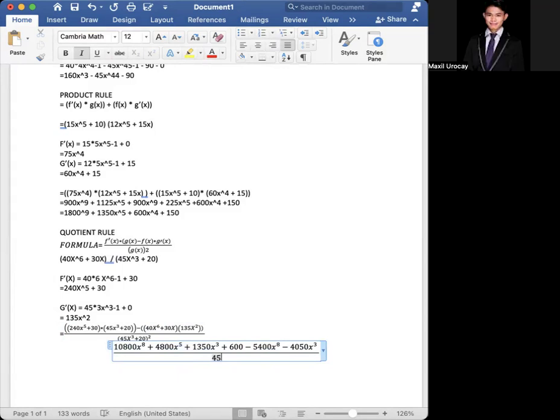So 45x cubed times 45x cubed, 45 times 45, that is 2,025x to the power of 6, plus 45 times 20, that is 900x to the power of 3, plus 20 times 45 will become 900x to the power of 3 still, plus 20 times 20 equals 400.